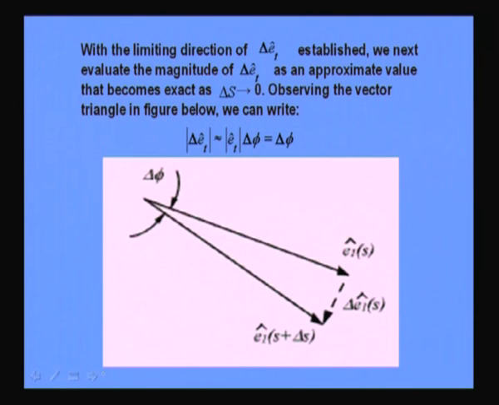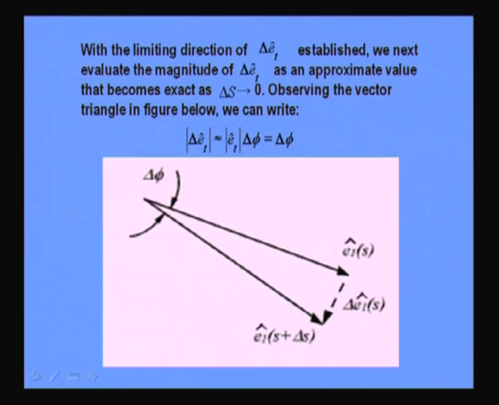With the limiting direction of delta ET established, now we evaluate the magnitude of delta ET as an approximate value that becomes exact as delta S tends to 0. We observe the vector triangle in the figure.